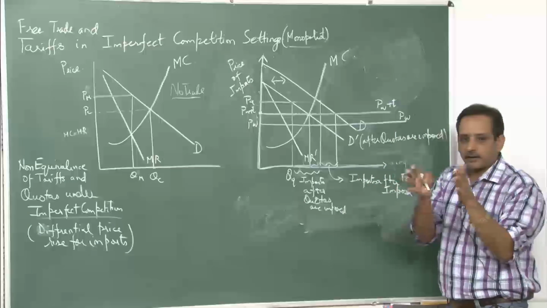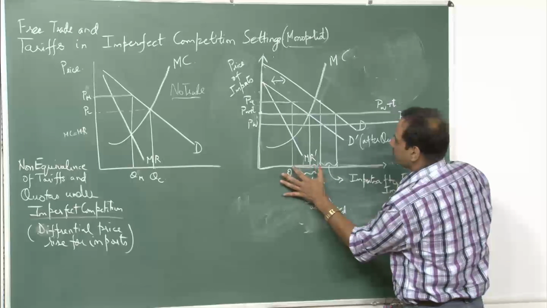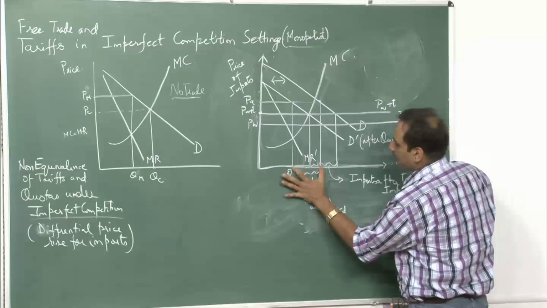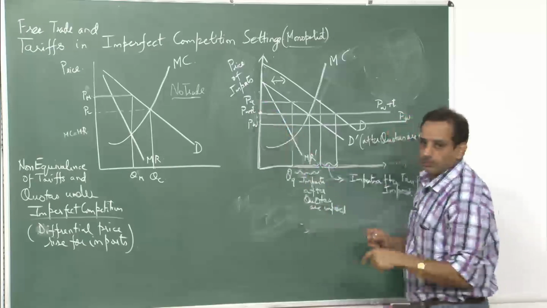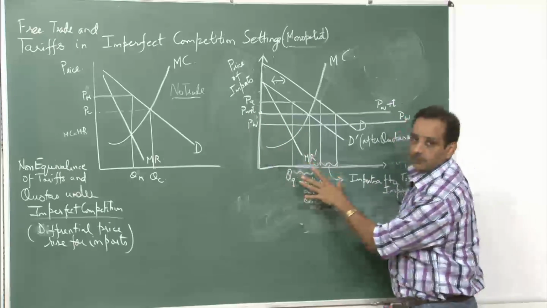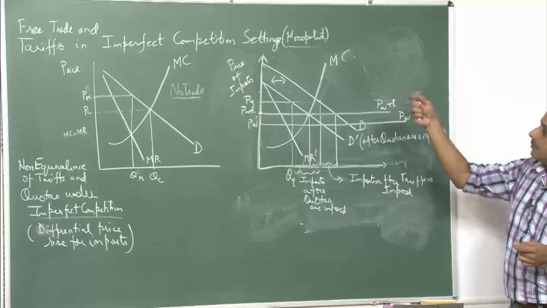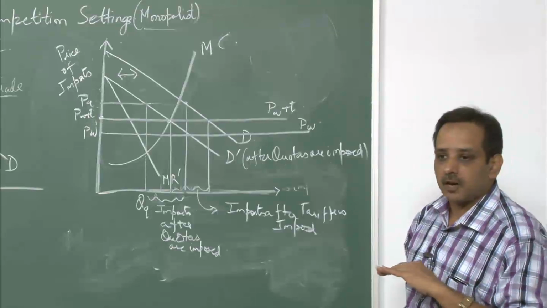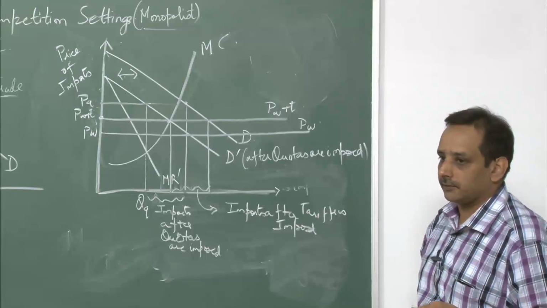So you can restrict imports to the same level, say this is M2, but for the same M2 there will be a higher price rise when quotas are imposed, and there will be a lower price rise when tariffs are imposed. So quotas are more pernicious than tariffs under imperfect competition settings. So under the WTO, quotas are to be abolished by each country and converted into tariffs.